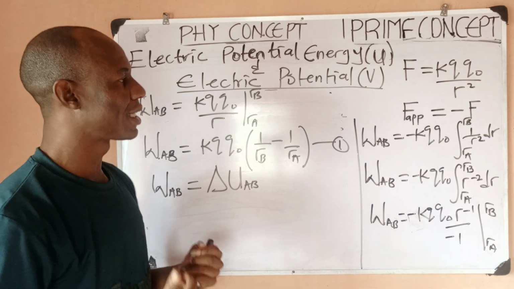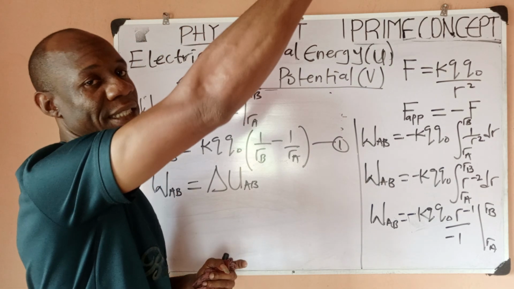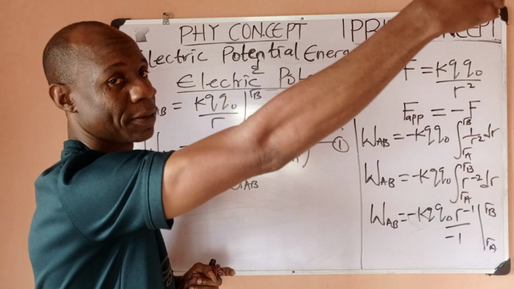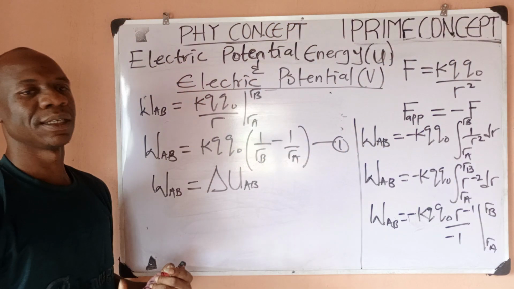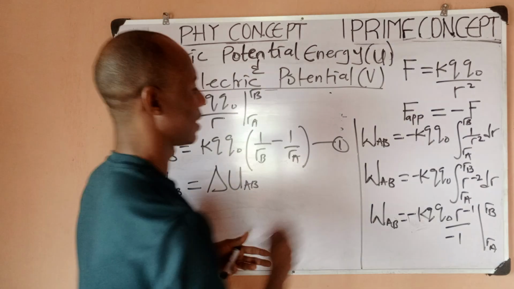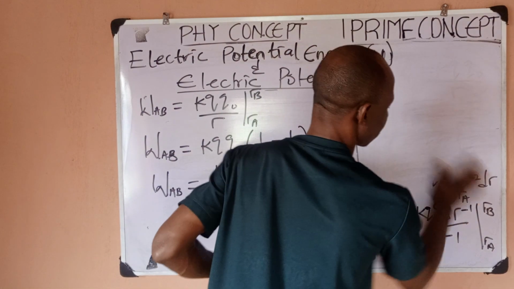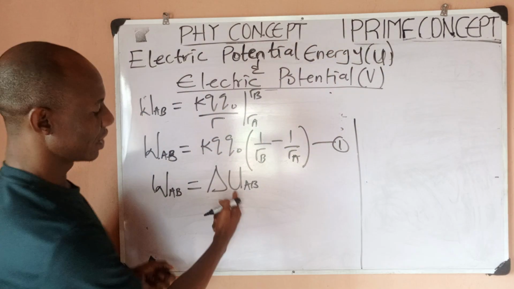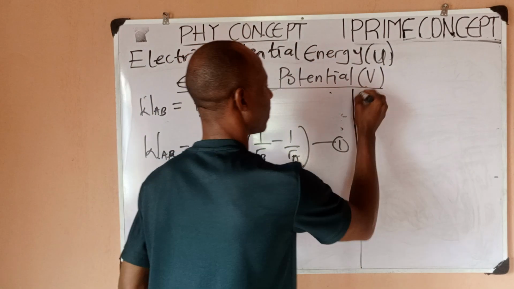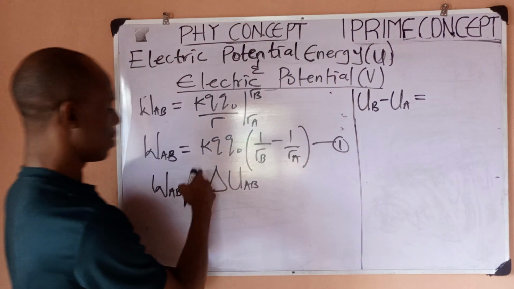Now, if we assume that that test charge is at a very far distance, say infinity, so we're trying to move it from infinity, a far point, to point B. So in that case, we're going to have that the work done, which is change in potential energy, UB minus UA, is equal to what now?